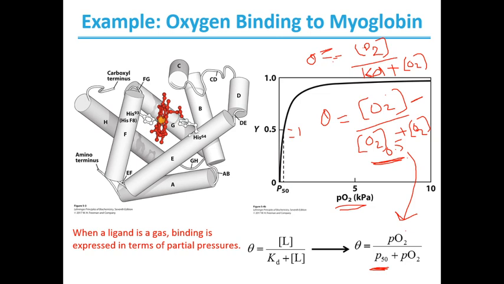So the equation for a partial pressure of oxygen binding to globins, both myoglobin and hemoglobin, becomes theta is equal to PO2 divided by P50 plus PO2. And this is the equation that we will be using if we are considering oxygen as a ligand binding to a protein.